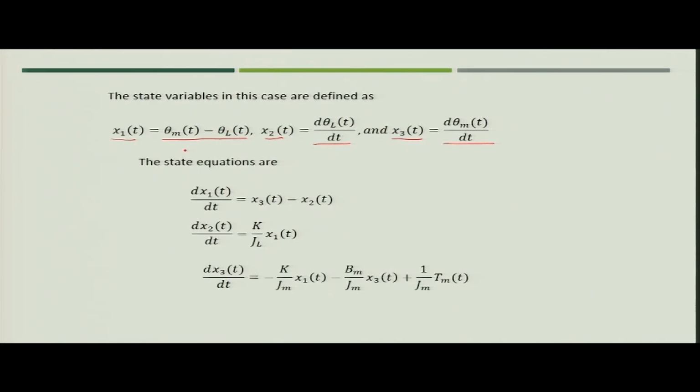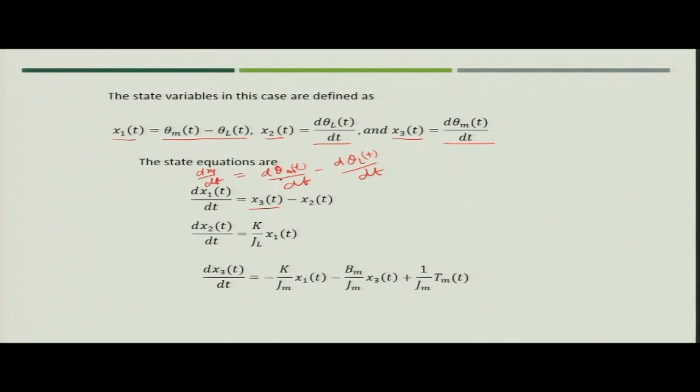So, when you differentiate, you will write dx1 by dt equal to d theta m by dt minus d theta l by dt. Now, this d theta m by dt we have considered as x3.